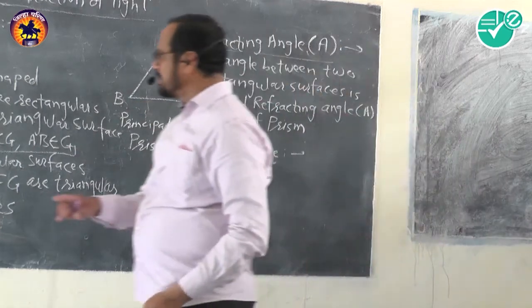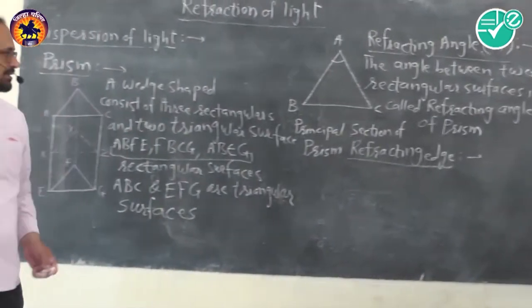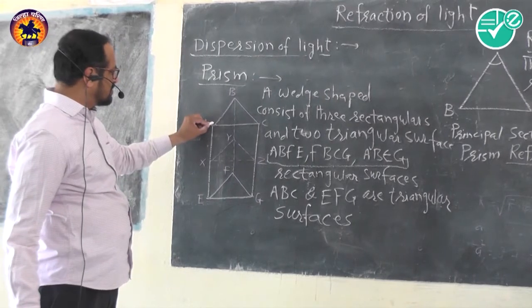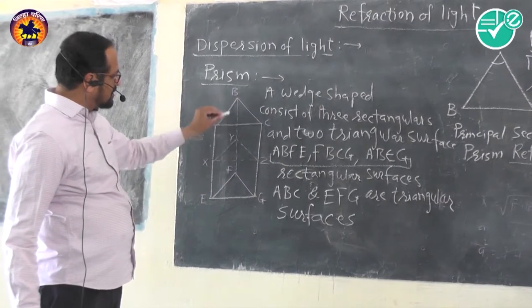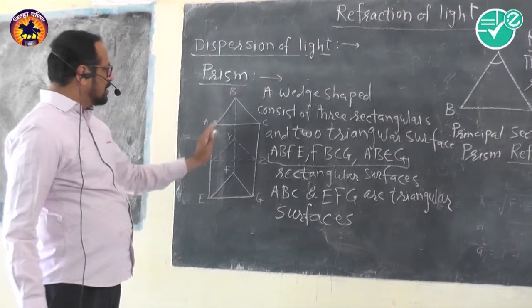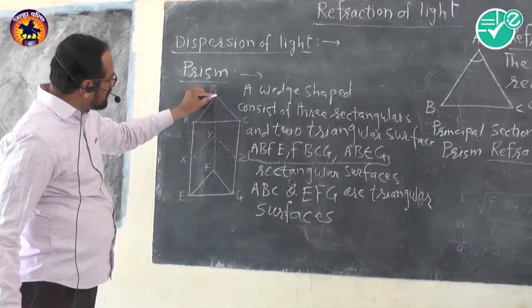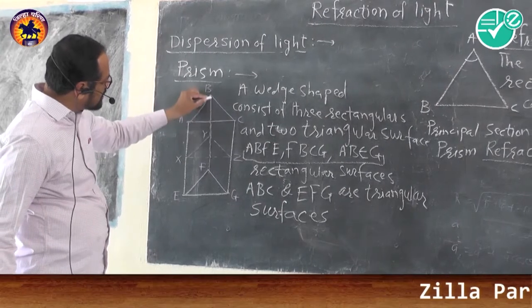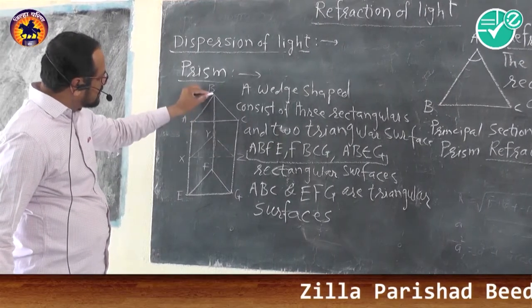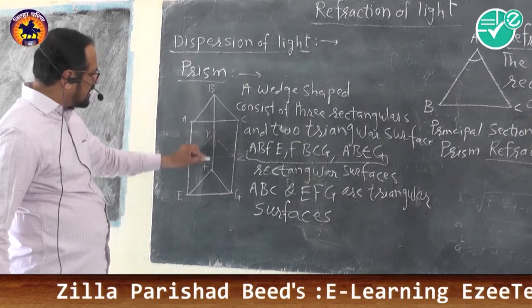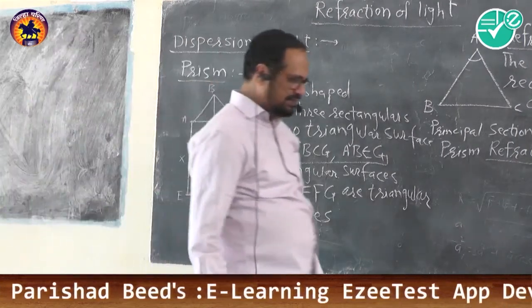So in the figure, here is the surface ABFE, this is one surface, and another surface is BCGF. Both the rectangular surfaces meet at one edge or one line, and this line is called the refracting edge.